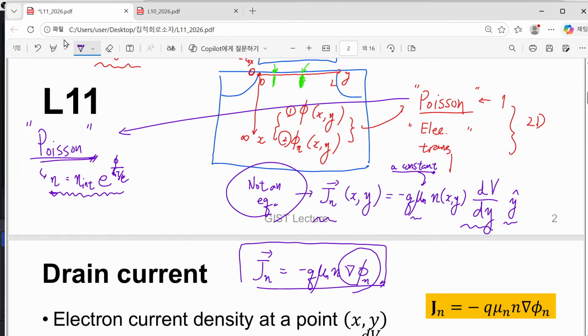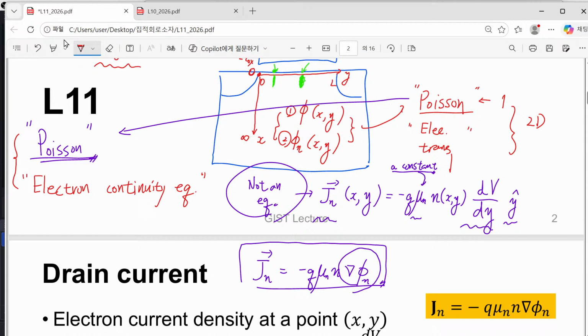In our discussion, we need the real equation, which is on the same level as the Poisson equation, and that answer is now shown. That is the electron continuity equation. So now you have a whole set of two equations.